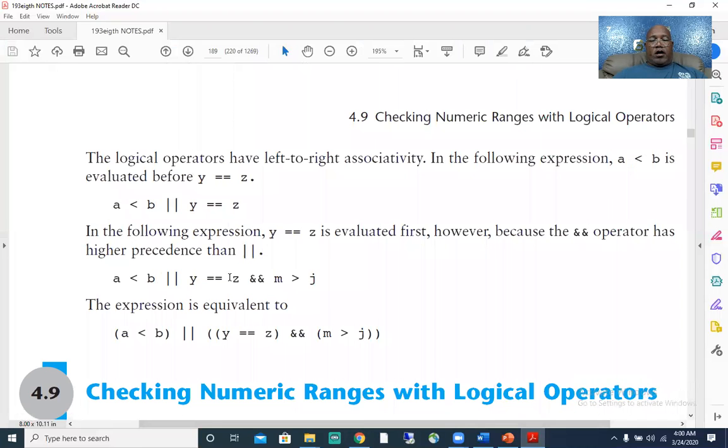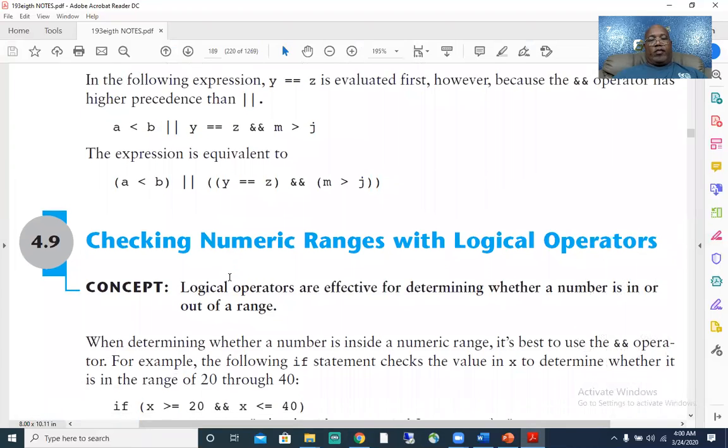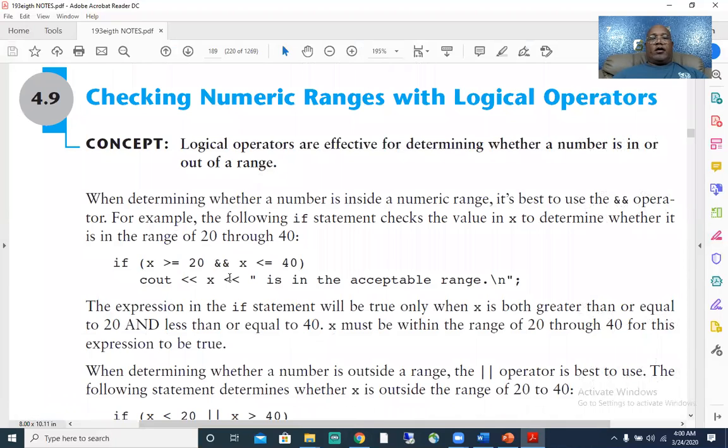Now it's talking about checking numeric ranges with logical operators. This is somewhat like if you had, say, a particular average or score, like a basketball player, and you're trying to determine whether or not that person would qualify to be part of a certain tournament.